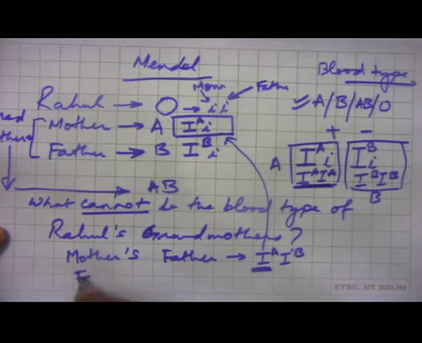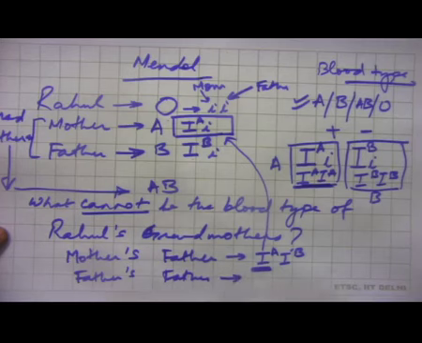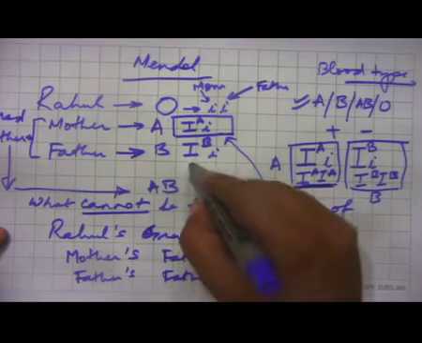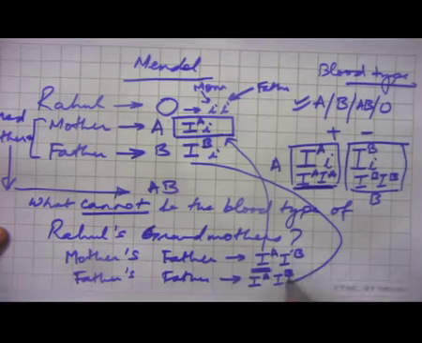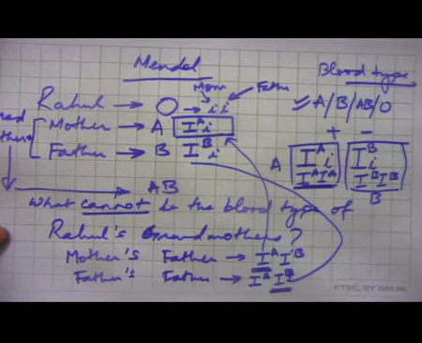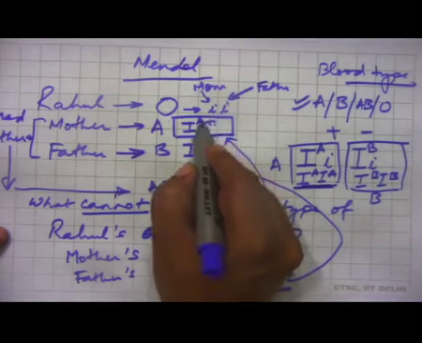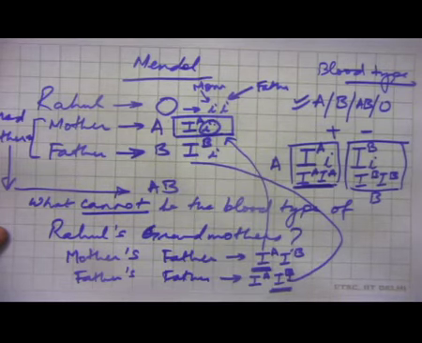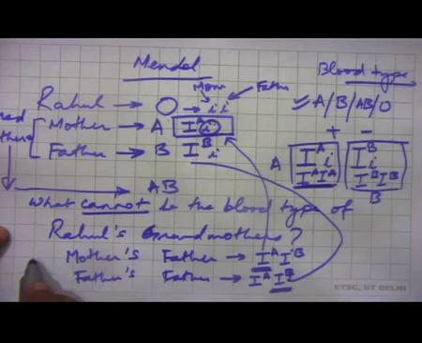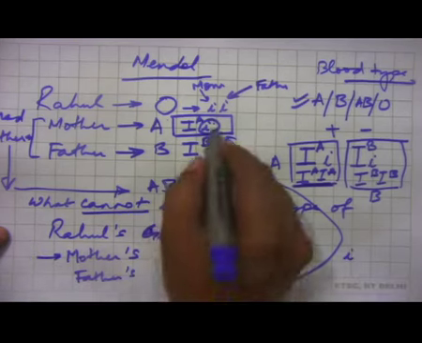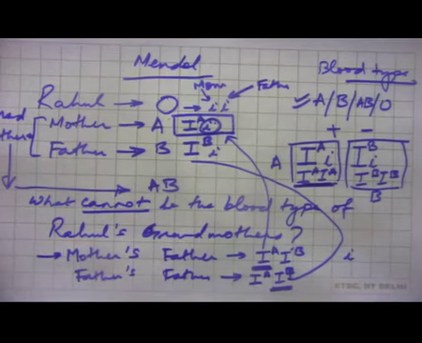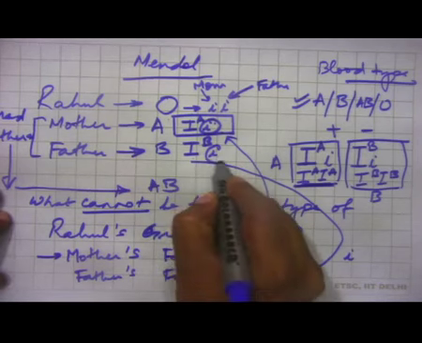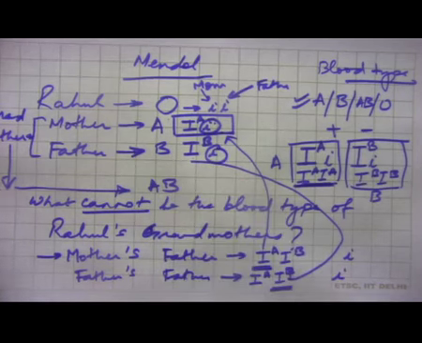Similarly, father's father must also be I A I B. Since father has I B, it must have come from this. Therefore, Rahul's grandmother from the mother's side must have an i. Rahul's grandmother from the father's side must have an i.